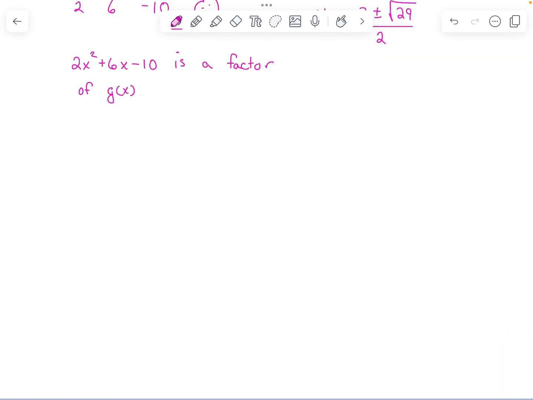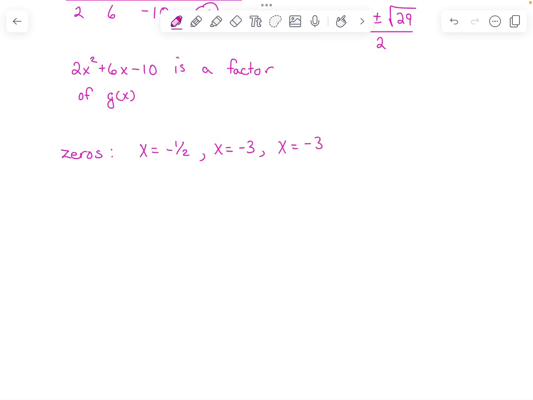So now we have all 4 zeros of g of x. The zeros are x is equal to -1/2, x is equal to -3, x is equal to -3 plus the square root of 29 divided by 2, and x is equal to -3 minus the square root of 29 divided by 2.